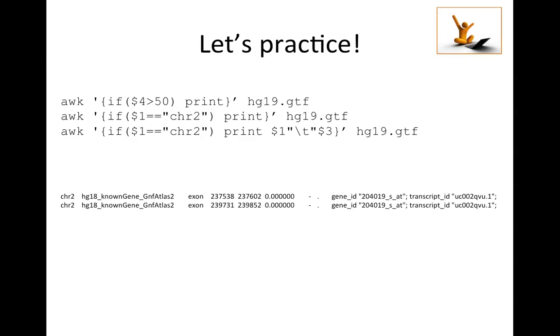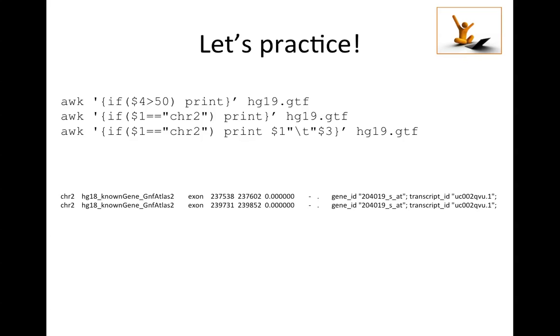Okay. Also, using awk, we can solve the problem of chromosome 2 and 21, right? Meaning that we'll be able to distinguish between chromosome 2 and 21. How? Just by saying that we want to see only the lines where exactly in column number 1 we have chromosome 2, right?